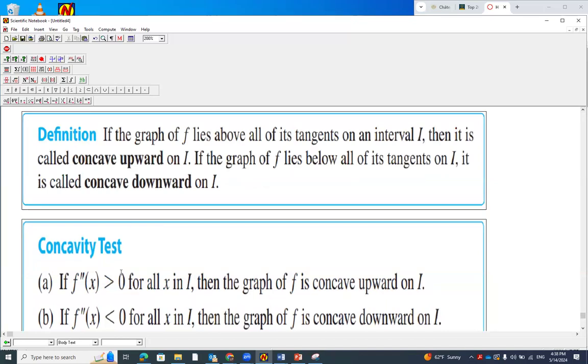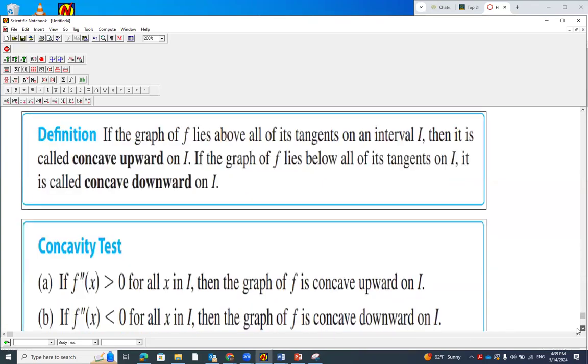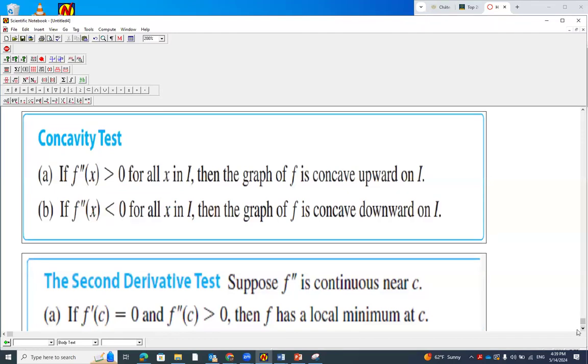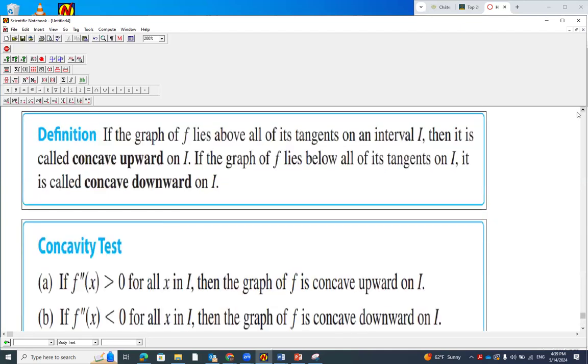Definition and concavity test, okay? And so we have these definitions about concave up, concave down, and we also have a concavity test. In the end, I will show you how to do second derivative test on the same question. I will give you different versions of this question. But anyway, let's look at how do we determine concavity using concavity test.